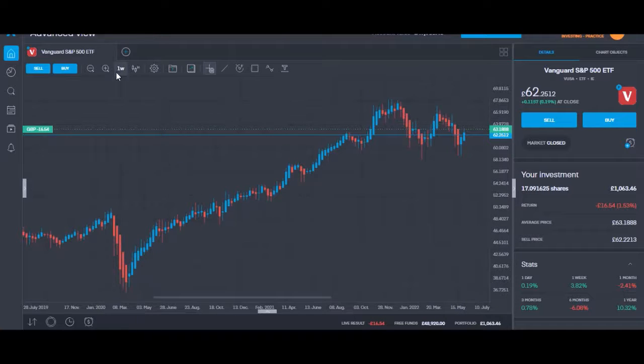The first thing that I thought we might have a look at is just the general trend. So at present I'm set to a 1 week time period, and as you can see, the general trend of the market is something along that line there.